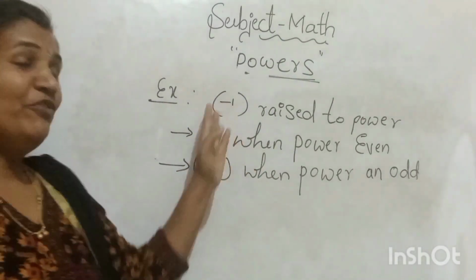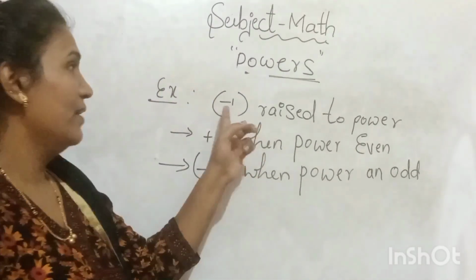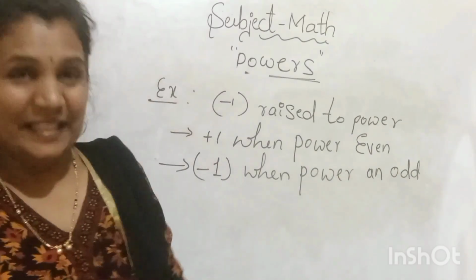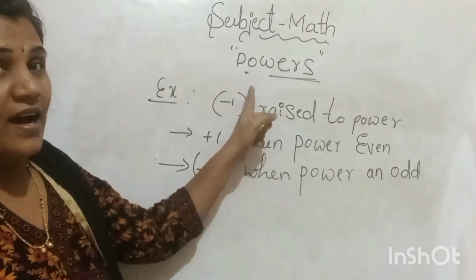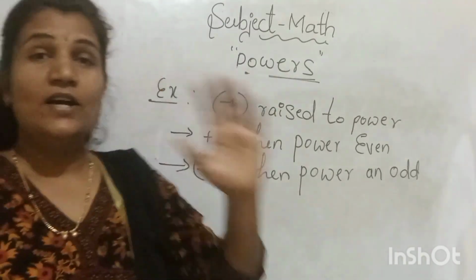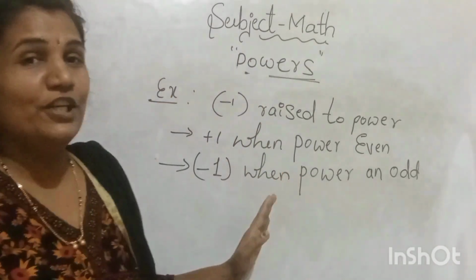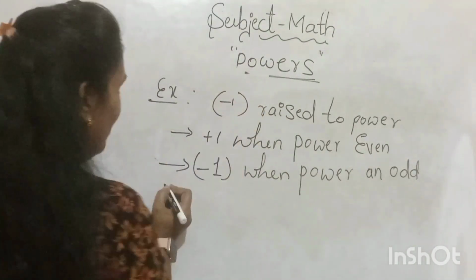If we come to minus 1, then 2 simple criteria are there. Minus 1 raised to a power gives what? If the power is even, the answer will be positive 1. If the power is odd, it will give negative 1. I'll take an example for this.